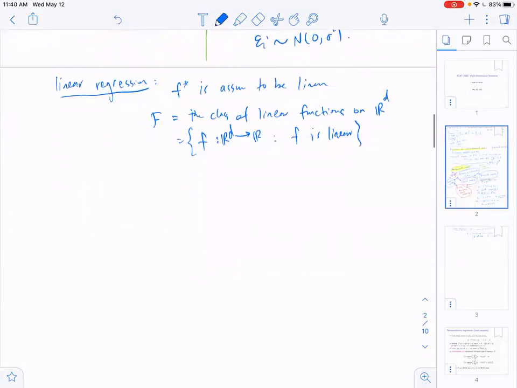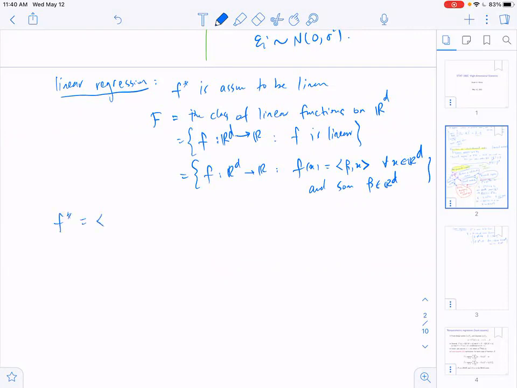Then you would know that any linear function, so this would be the class of all functions that can be written as f(x) = beta x for all x in R^d and some beta in R^d. Then f star can be written as beta star x for some beta.